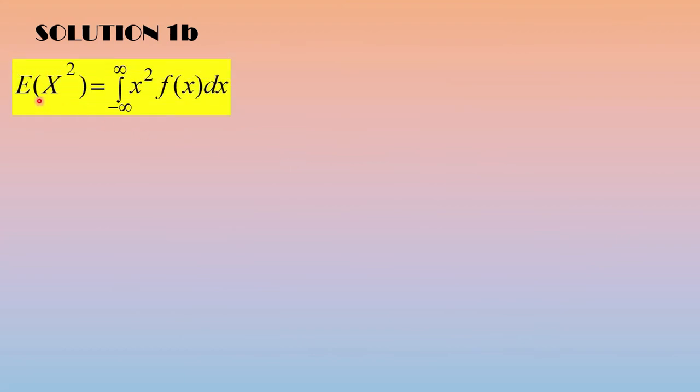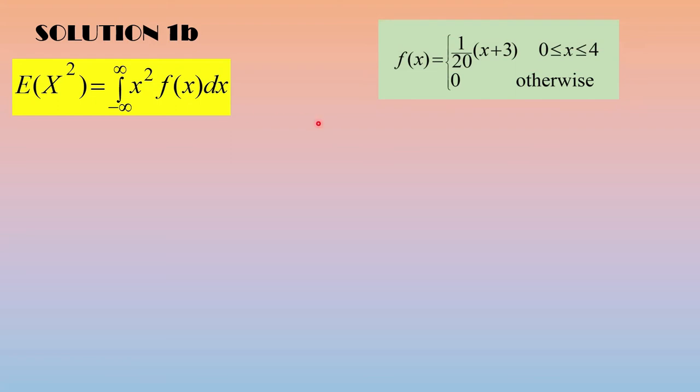Okay, now we continue to find the expected value for X squared. The expected value for X squared is given as the integral from negative infinity to infinity of x squared times f(x) dx. Our function is equal to 1 over 20 times (x plus 3) for x more than or equal to 0 and less than or equal to 4. Otherwise, the function is 0.